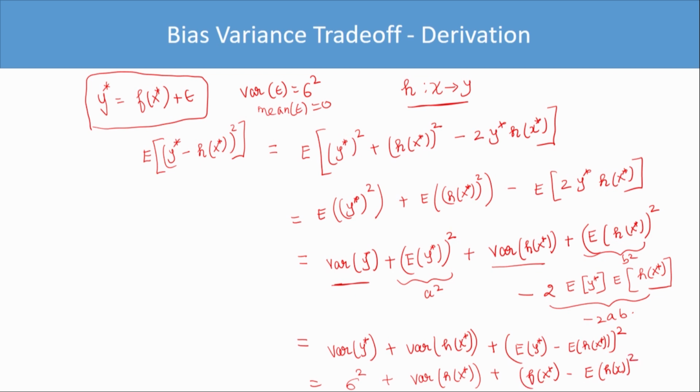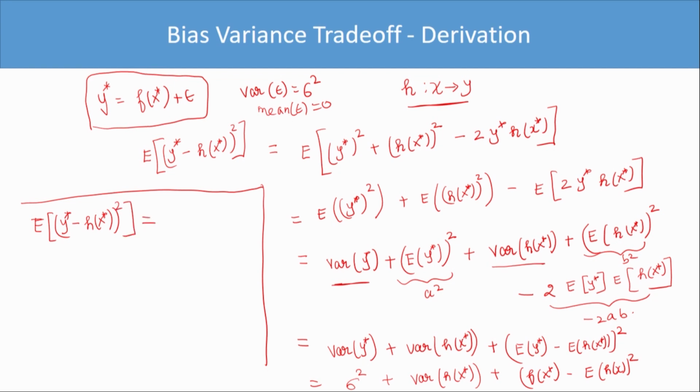Okay, so let me write this down again separately and analyze these three terms. I'm just writing the same thing again. We have proved that the expectation of y star minus h of x star, squared, is the sum of three terms. The first term is sigma squared. The second term is the variance of h of x star.